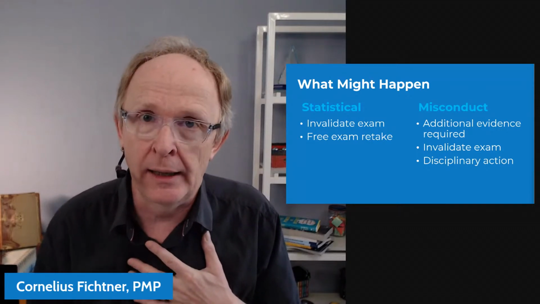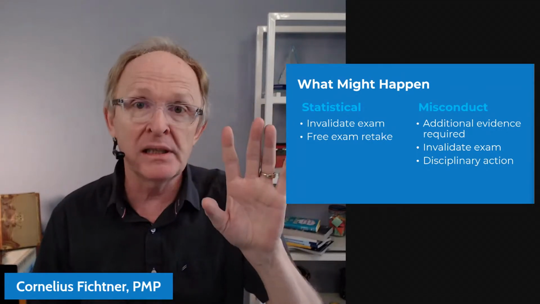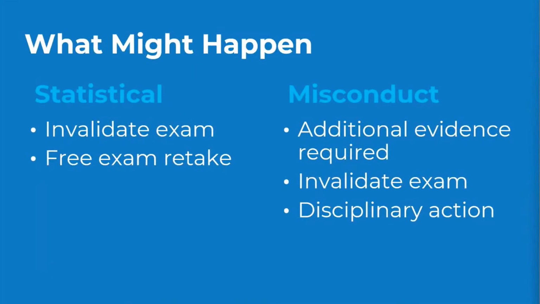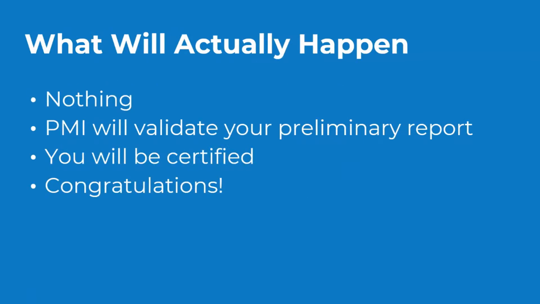Whoa. Okay. This is what might happen. Please read the top of the slide. This might happen. Here is what is actually going to happen to you in your case. Nothing. You are going to take your exam. You're going to get your preliminary report that says, yay, you've passed. PMI will then validate your preliminary report.